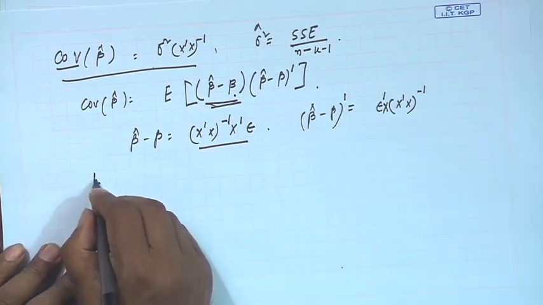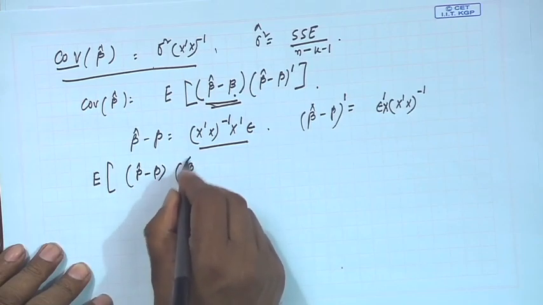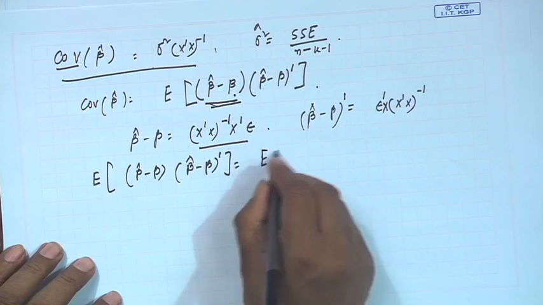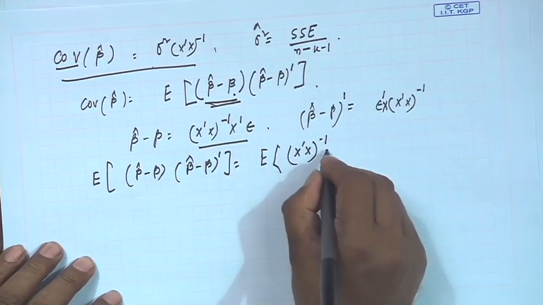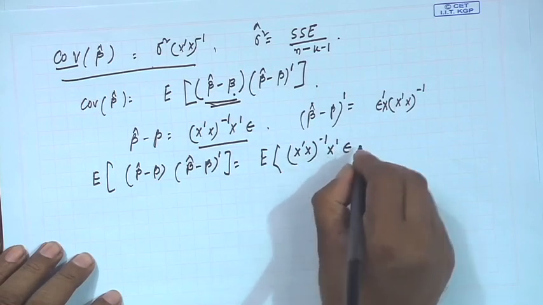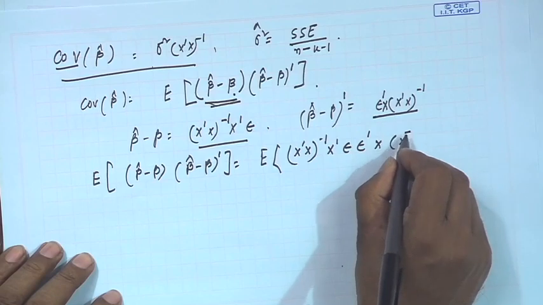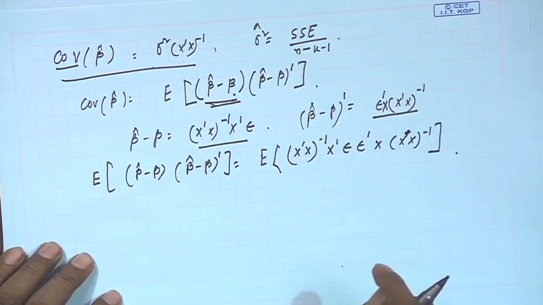So, your expected value of beta cap minus beta and beta cap minus beta transpose is nothing but expected value of x transpose x inverse x transpose epsilon epsilon transpose x x transpose x inverse.